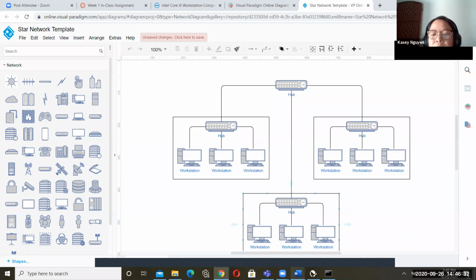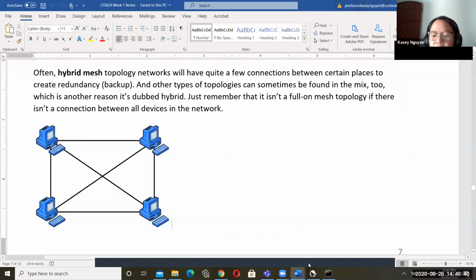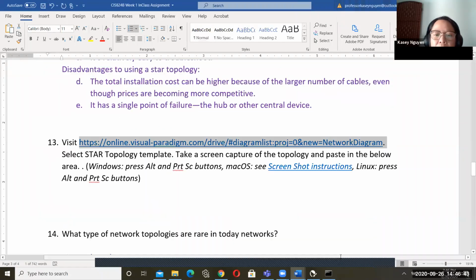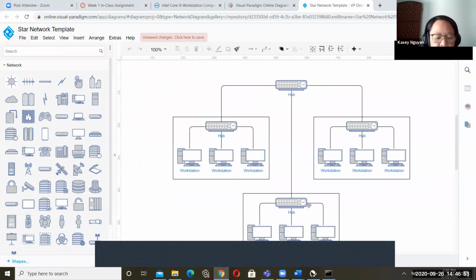Okay, so once you go on the website and select the star topology diagram, I want you to take a screen capture of it. And how you can do a screen capture is go back to the website here. If you press Alt and print screen, or print screen by itself will do okay.